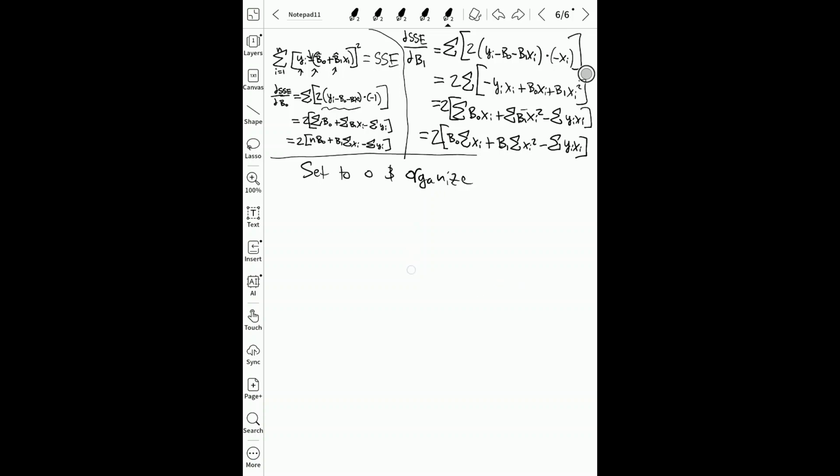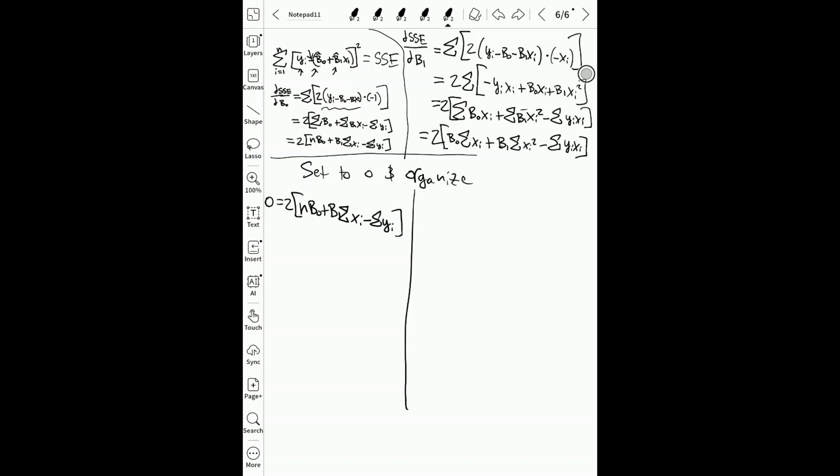So just keep things on the left that belong to beta naught and keep things on the right that belong to beta 1. So we've got 0 is equal to 2n beta naught plus b1 sum of xi minus sum of yi.